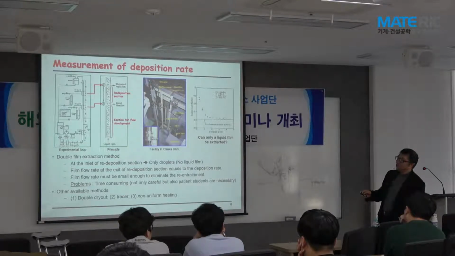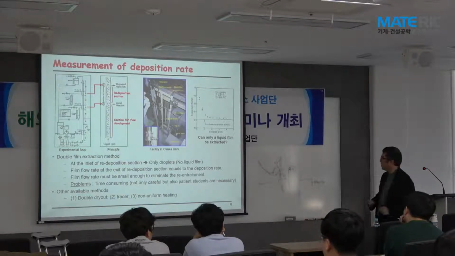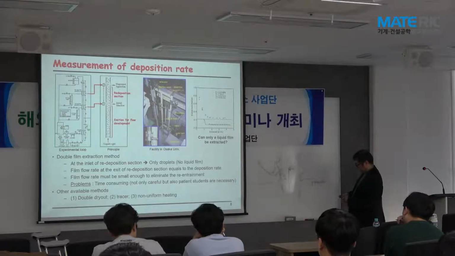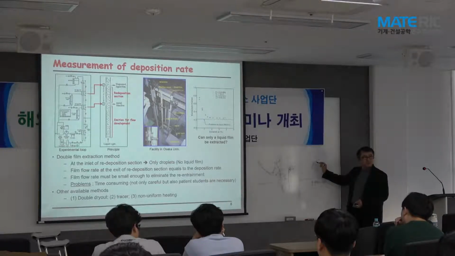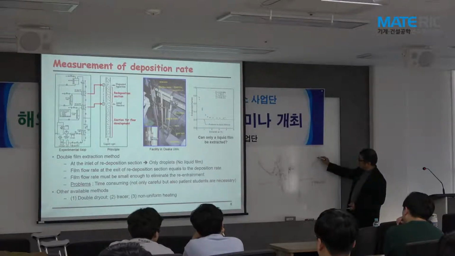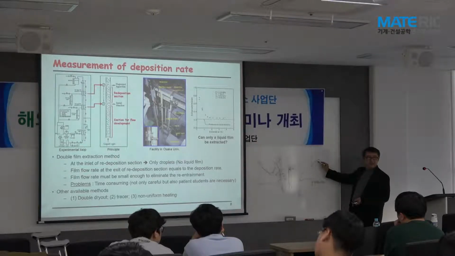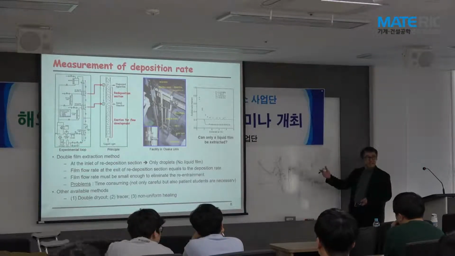But I think a big droplet is okay because this is a flow channel, and the droplet goes out from this section. In this case, basically, if there is no extraction, the droplet trajectory is almost straight. And for this droplet to be extracted here, it should move with air.